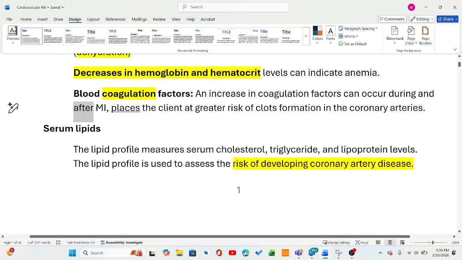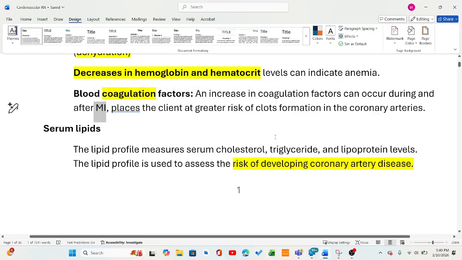So in the case of myocardial infarction, where cells are damaged, these coagulation factors will be released. And when they are released, the doctor will be more concerned about a blood clot going on in the heart, or this blood clot can also go to the brain and cause stroke. So anytime we have MI, the doctor will also try to figure out the coagulation factors, and this puts the person at risk of getting a blood clot.